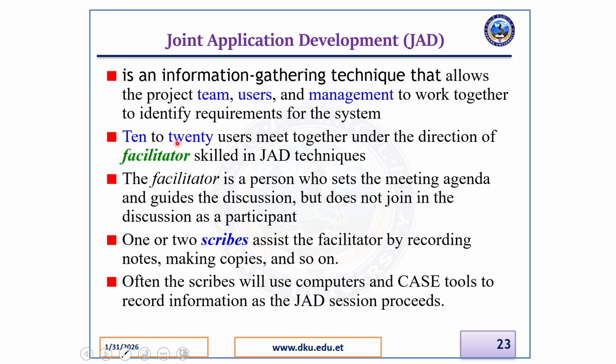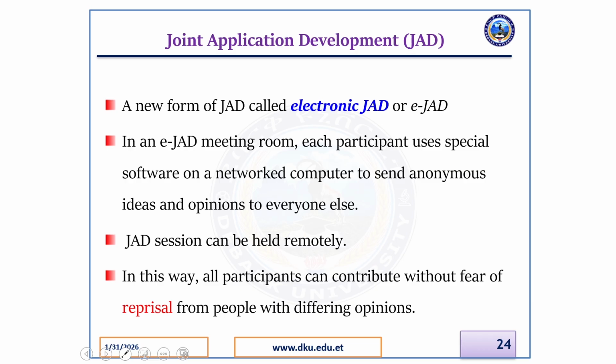One or two scribes assist the facilitator by recording notes, making copies, and so on. Often, the scribes will use computers and CASE tools to record information as a JAD session proceeds. Another form of JAD is called electronic JAD or e-JAD.